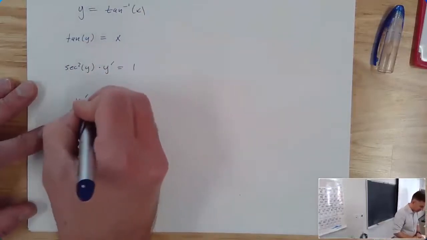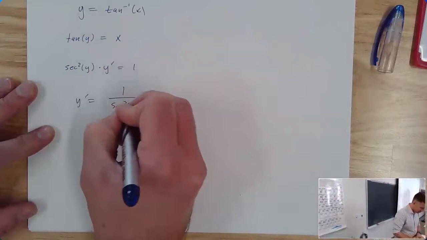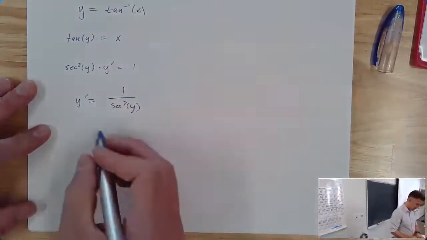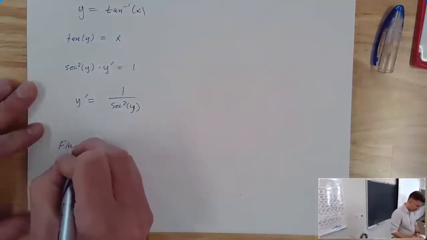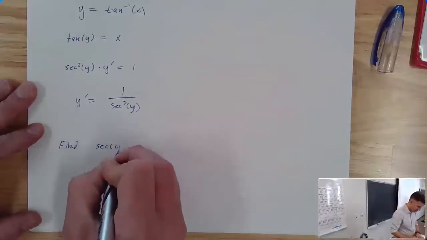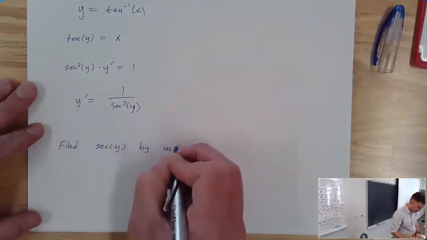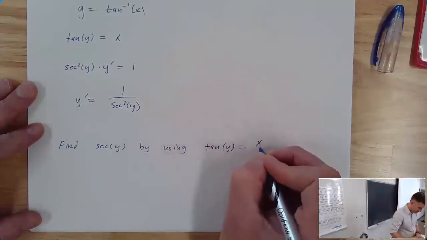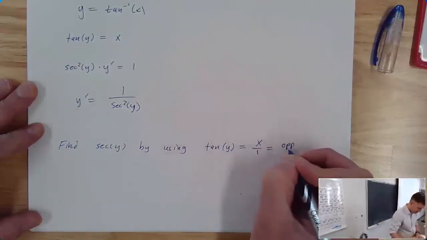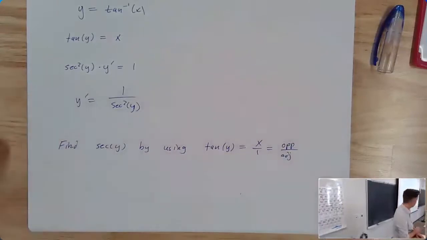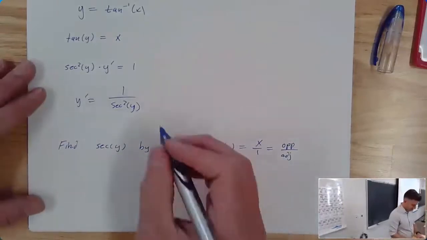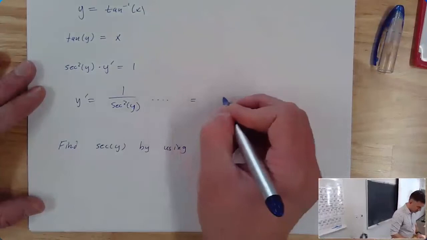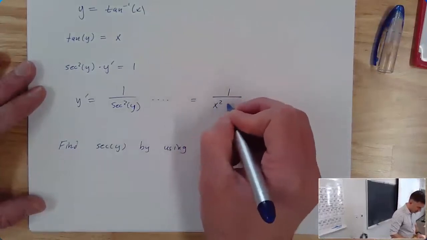And then you can solve for y prime, and then you could figure out what secant of y is by using a triangle. And eventually, if you do this, you should get 1 over x squared plus 1.